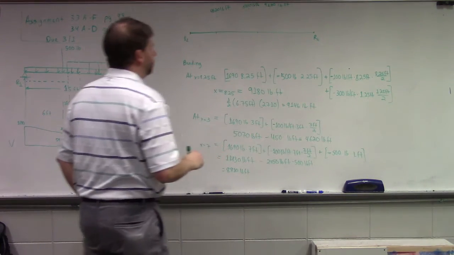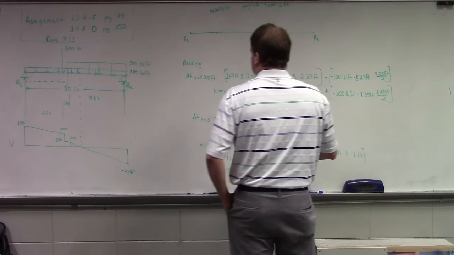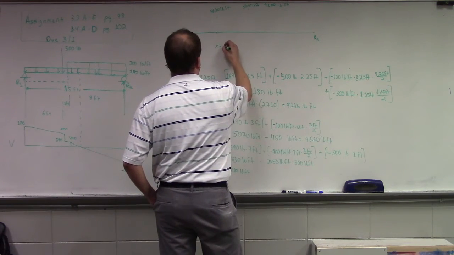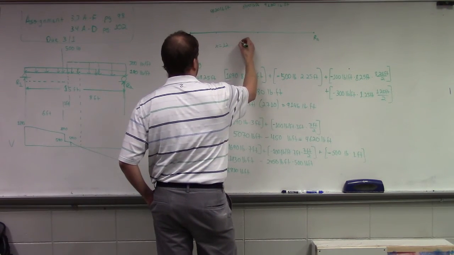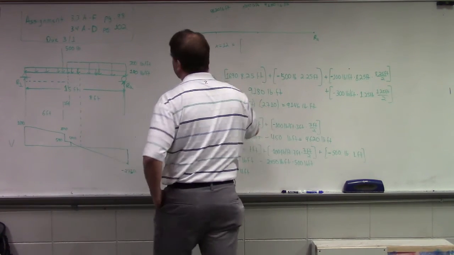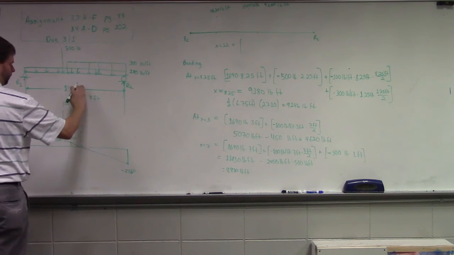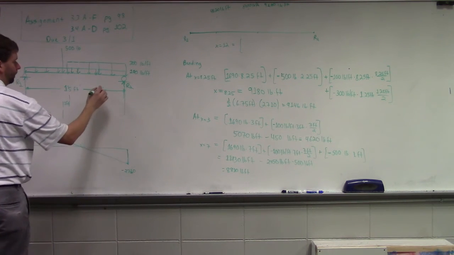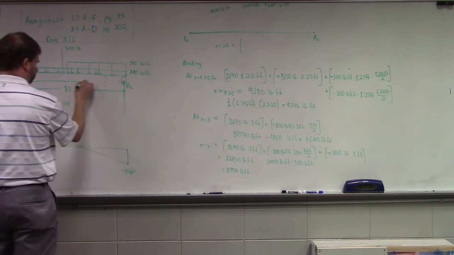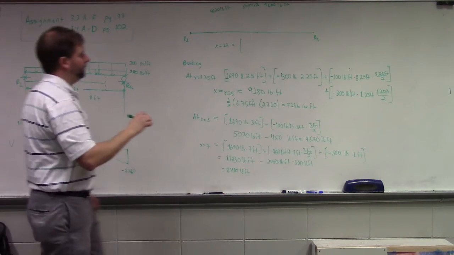Okay. And then let's look at one more point. Let's look at x equals 12. So what do we have there? Now we're going to be 12 feet away. 1690 times 12.